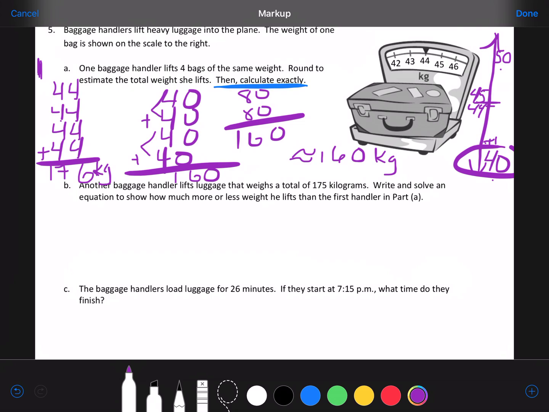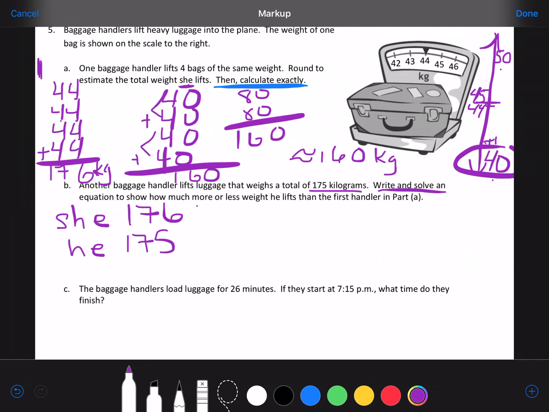Then on B it says, another baggage handler lifts luggage that weighs a total of 175 kilograms. Write and solve an equation to show how much more or less weight he lifts than the first handler. All right, so she lifted 176, but he lifted 175.